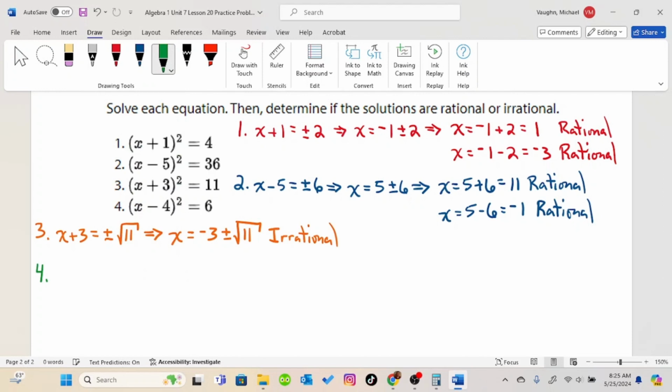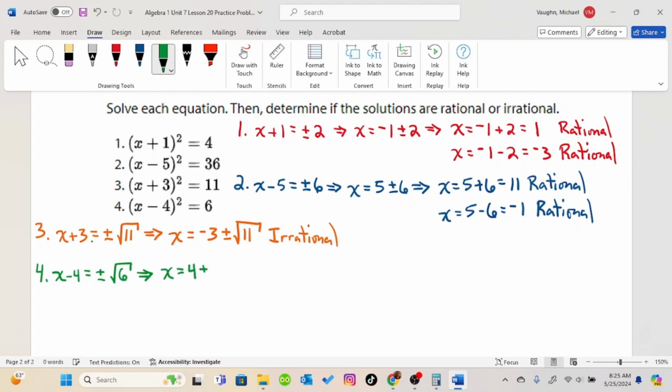And number 4, once we take the square root, x minus 4 equals plus or minus the square root of 6. To get x by itself, we're going to add 4 to both sides.